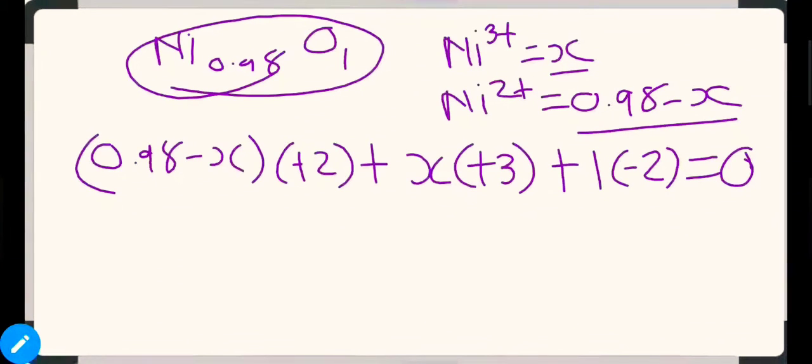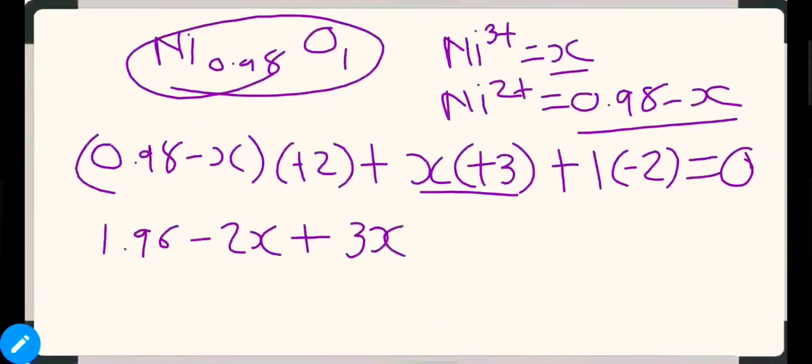So now 0.98 into 2 will be 1.96. Then 2 into X, that means minus 2X, X into 3, plus 3X, 1 into minus 2, minus 2, is equal to 0.